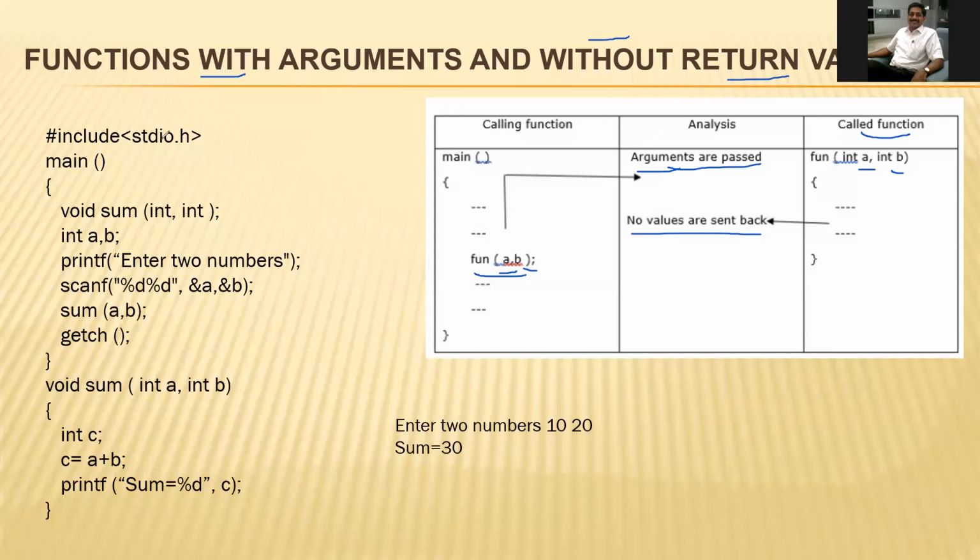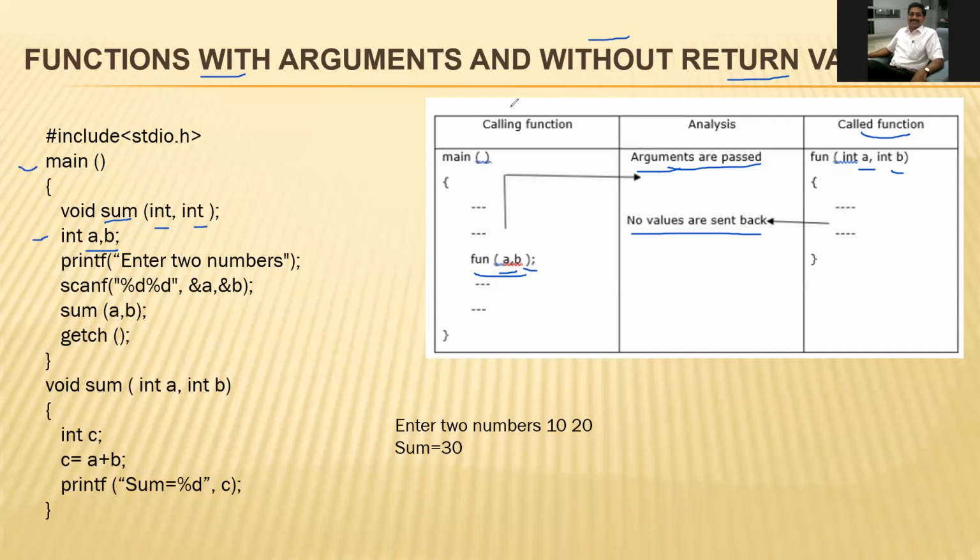Here is the example, on the left-hand side. You can see we have declared sum with integer values. Those are all integer values, integer A and B. Now the main function itself declares the values A and B. Enter two numbers.